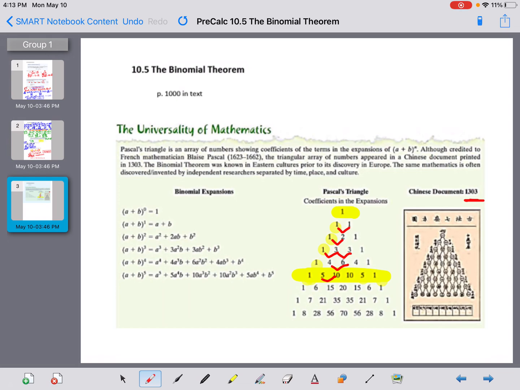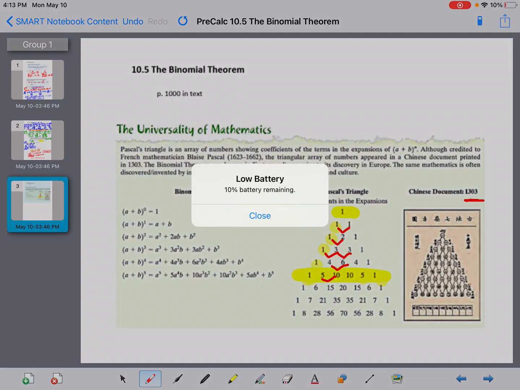You can memorize Pascal's triangle. You can go multiple different ways. Obviously, with Pascal's triangle, it's a little harder to do the nth term sometimes, to do the jump, where it's easier to do your binomial expansion. So just a side note, something of interest. I'm sure, Cole, you love it. So that's all for you. If you have any questions, let me know.